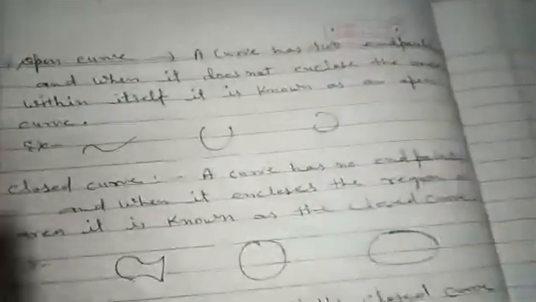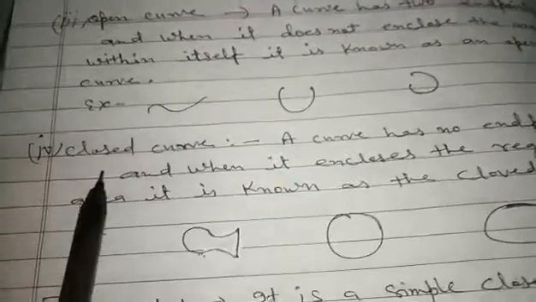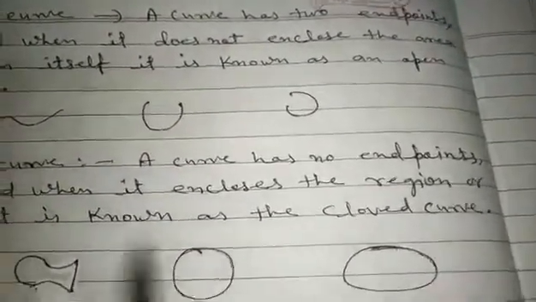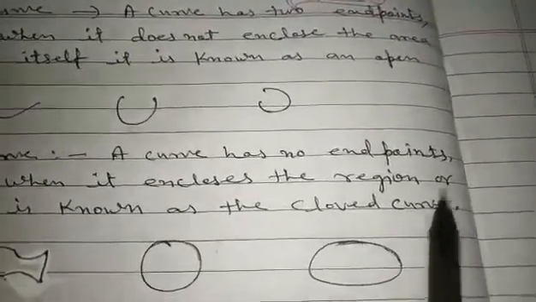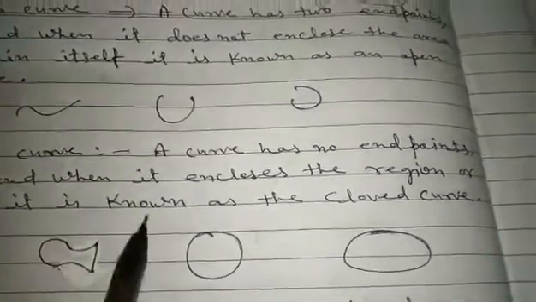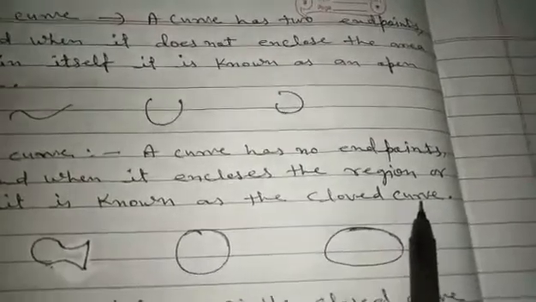Next, number 4 is closed curve. A curve has no endpoints, and when it encloses a region or area, it is known as a closed curve. It is clear.